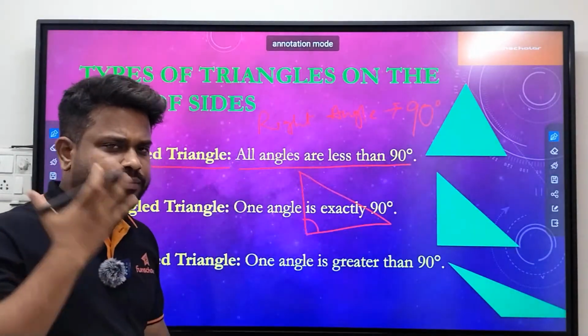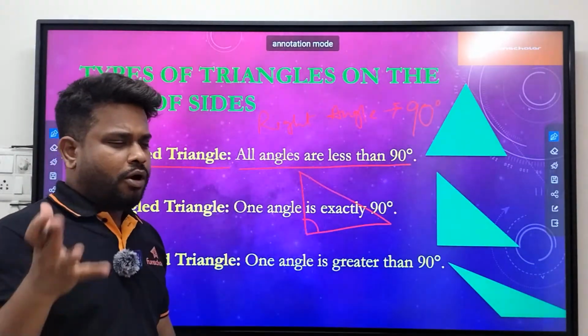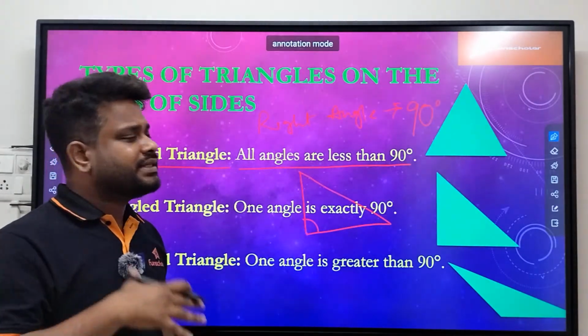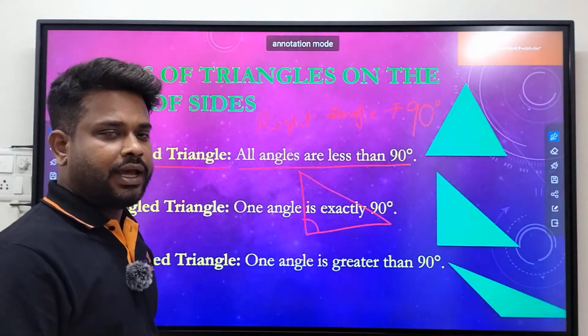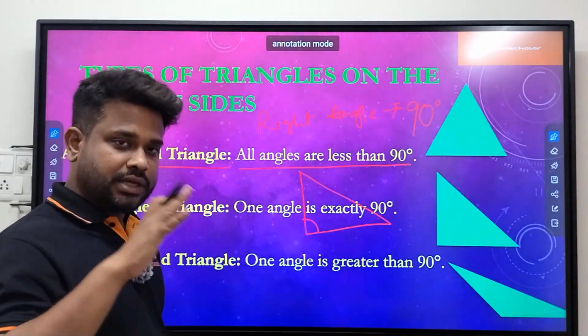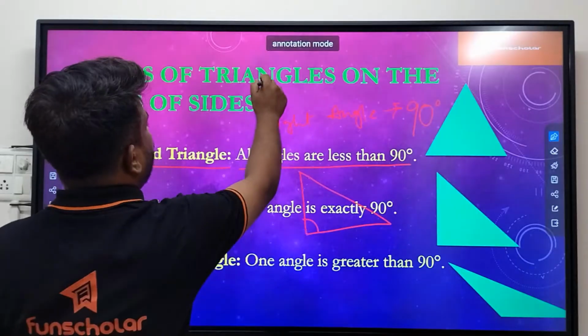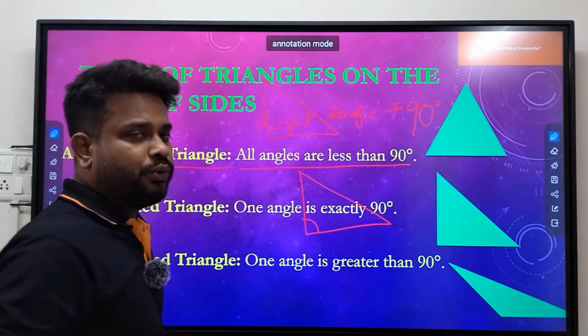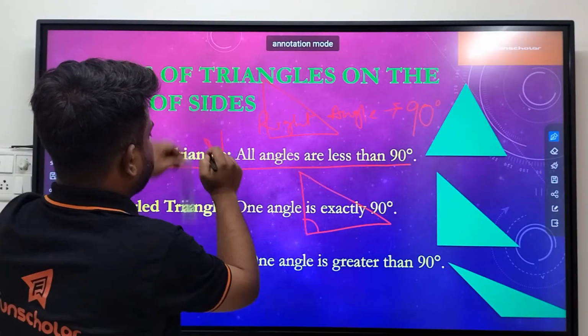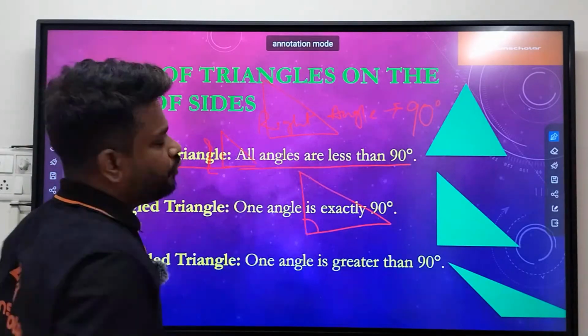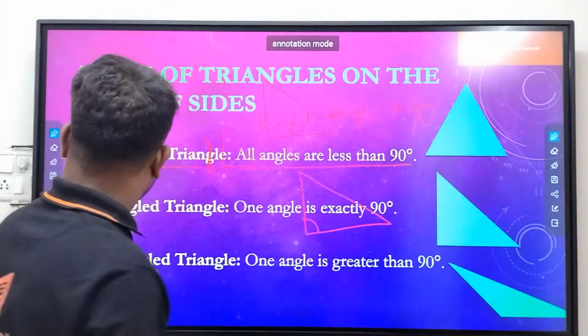This is pretty much the obvious or easiest angle which you can draw, that is the right angle. But how can you draw it? We will discuss it later, but you can just draw it with the help of a scale. Maybe that won't be that accurate, but you can draw it with the help of the scale.